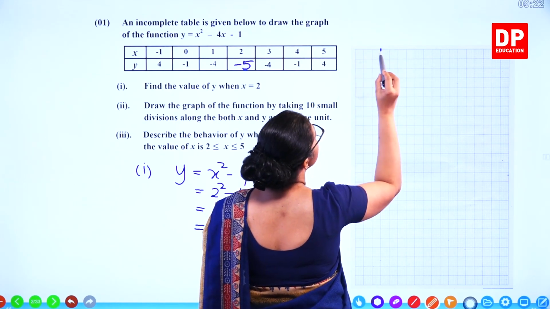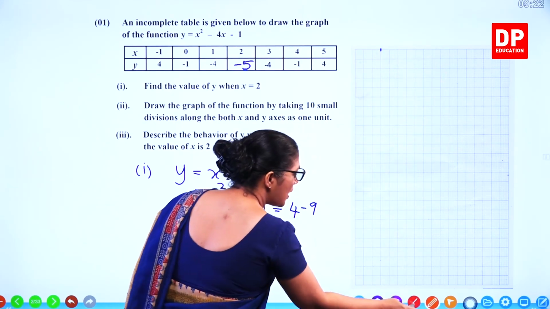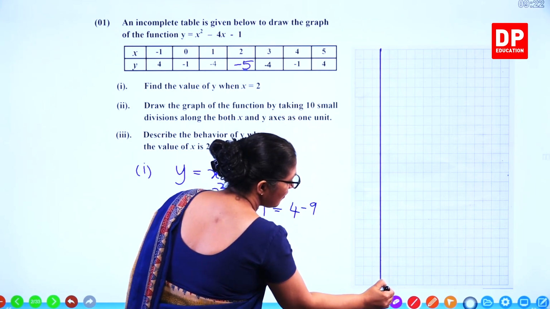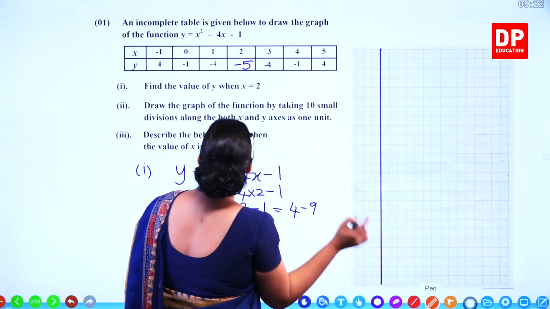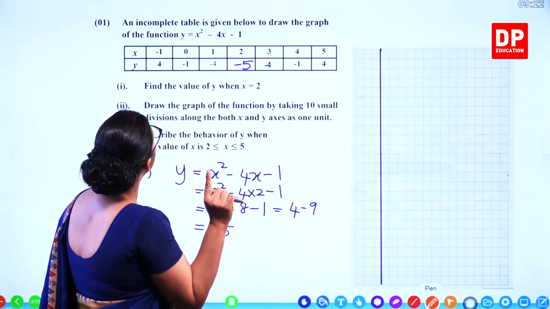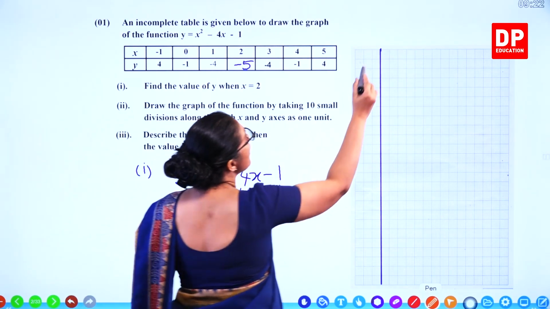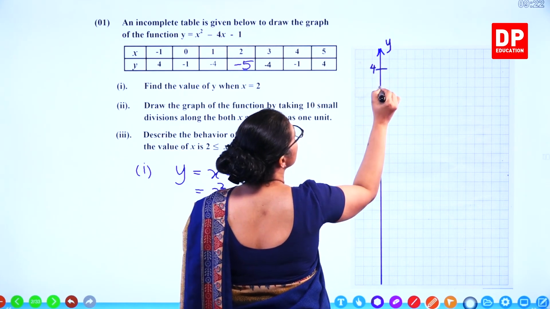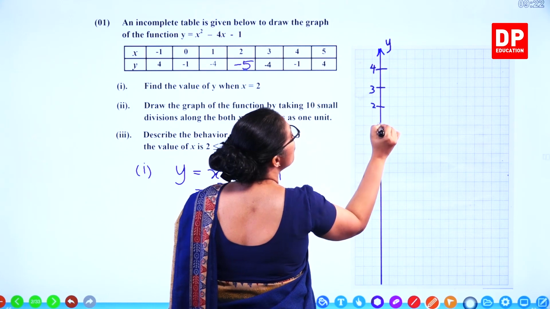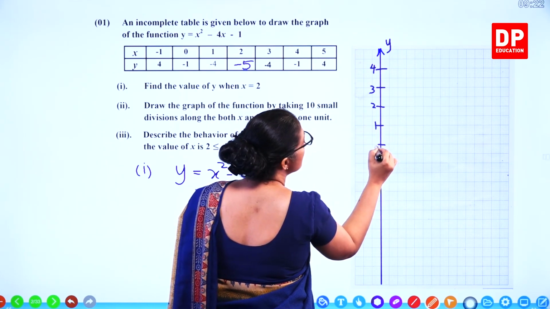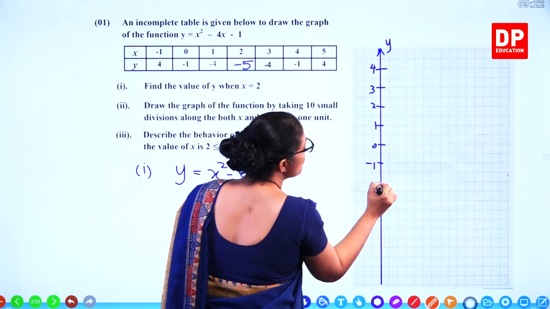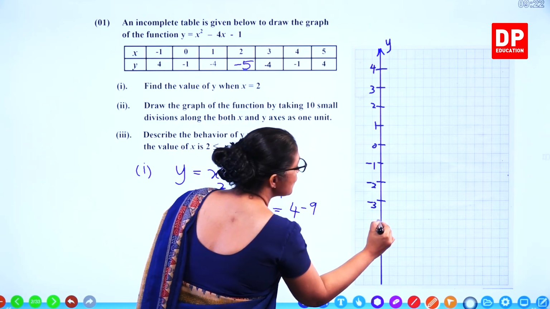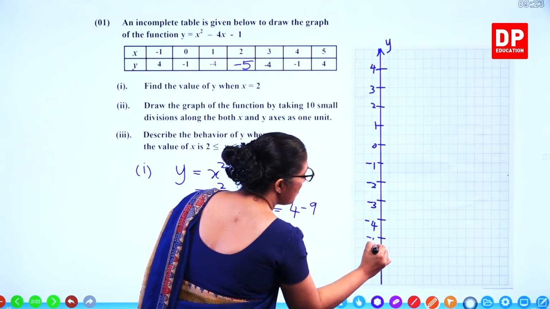This is the y axis, so first we draw the y axis and label it, starting from the maximum 4: 4, 3, 2, 1, 0, minus 1, minus 2, minus 3, up to minus 5. We need to mark minus 5.